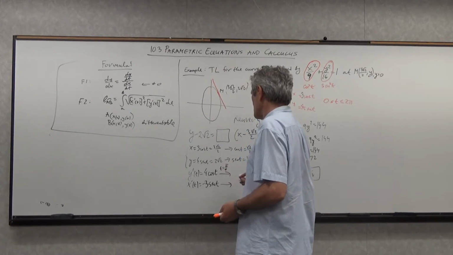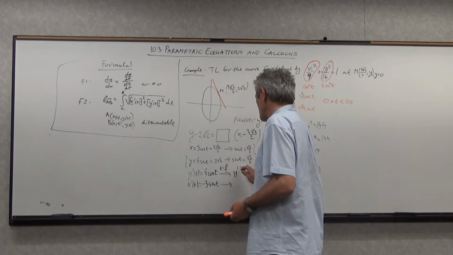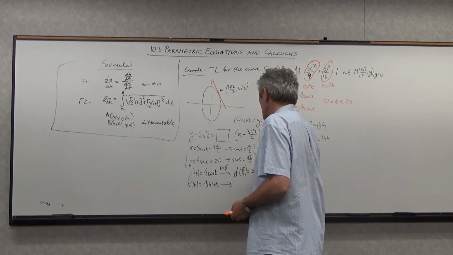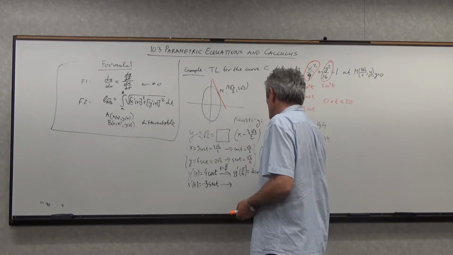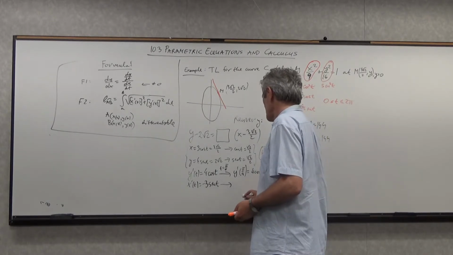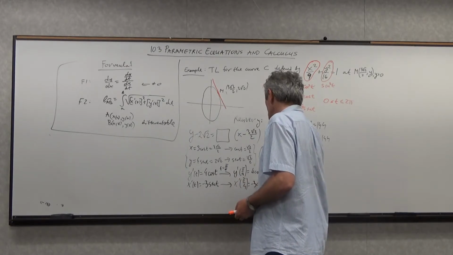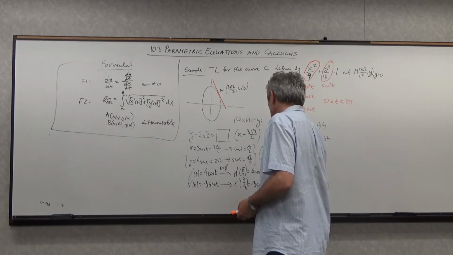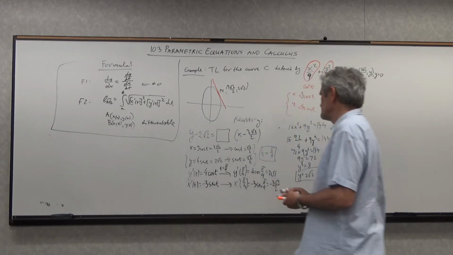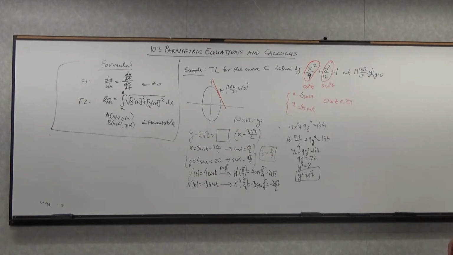So then we'll get that y prime of pi over 4 is 4 cosine pi over 4, which is 2 root 2. X prime of pi over 4 is negative 3 sine pi over 4, which is negative 3 root 2 over 2. And that's it.